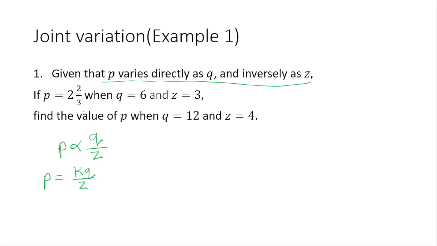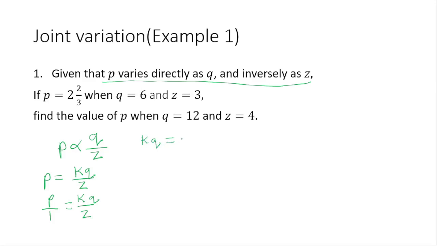We now need to find an equation for this particular situation, not the general one. In doing that, we need to find the value of K. So we are going to write P as P over 1 and rewrite the right hand side. We are going to cross multiply. When we cross multiply, we have 1 multiplied by KQ, so it will be KQ.